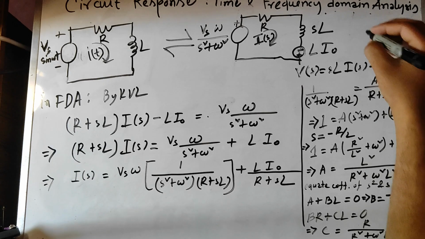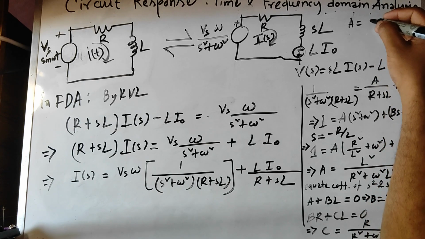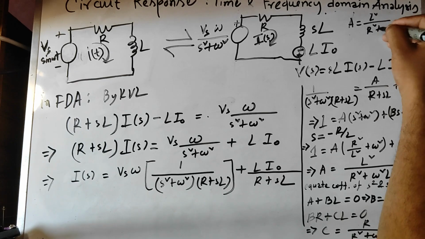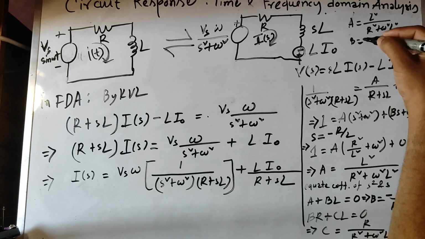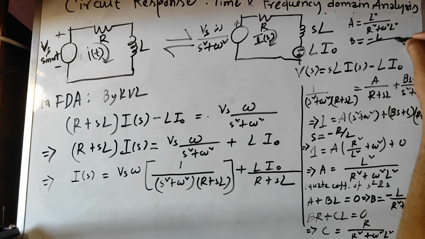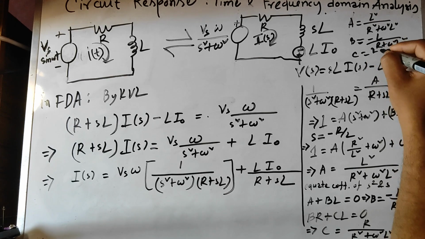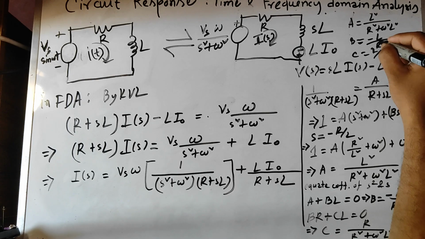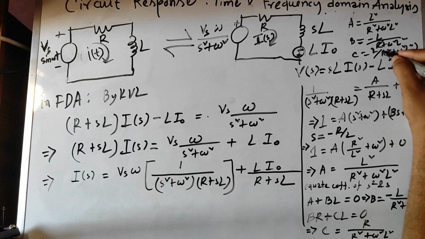Now we have got our values for A, B and C. A is L square by (R square plus omega square L square). B equals minus L by (R square plus omega square L square), and C equals R by (R square plus omega square L square).